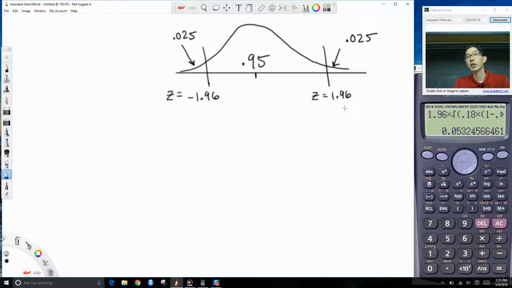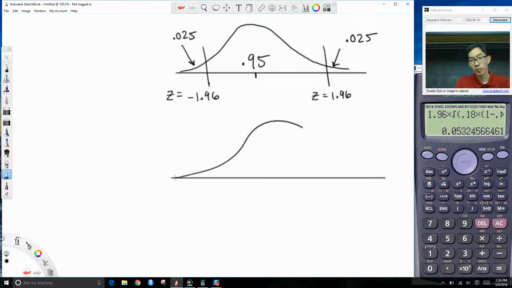Okay, if I want to get 99% in the middle here, how much would I have in each tail on the outside? If I want 99% here, I would want 1/2 of 1%, right? 0.005.